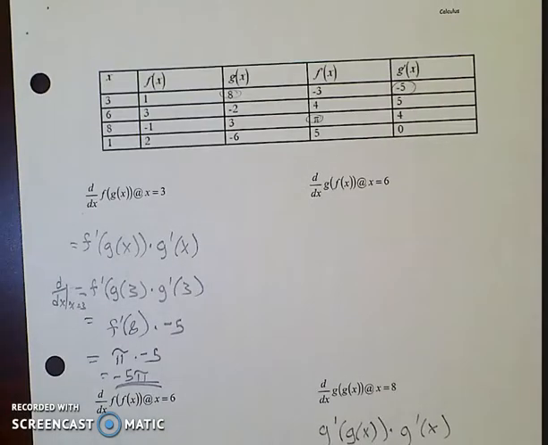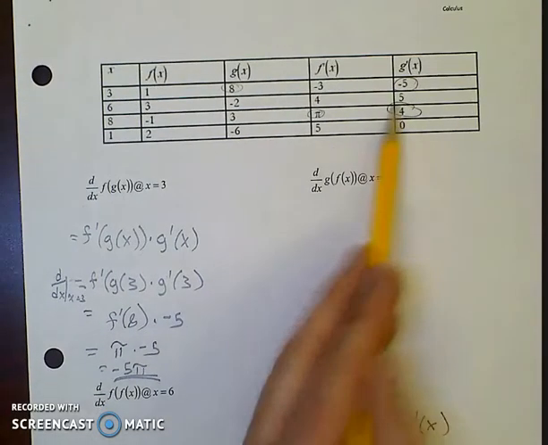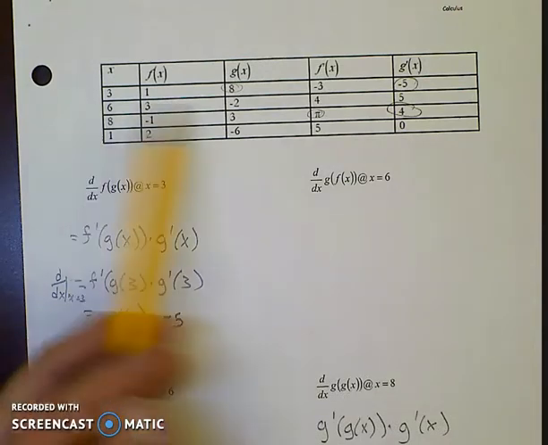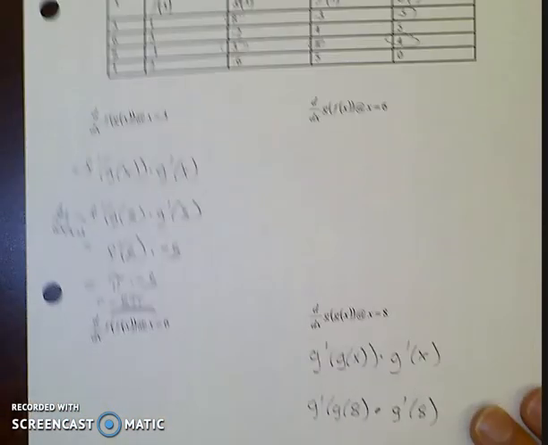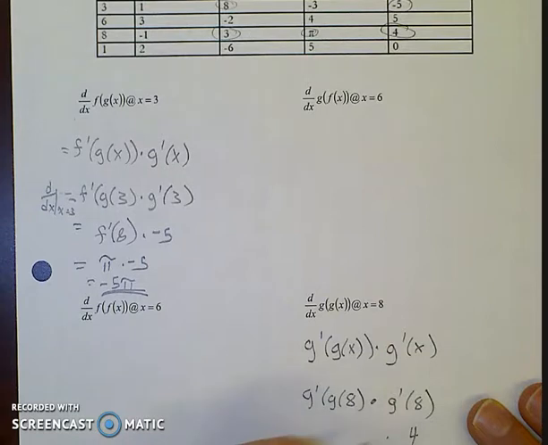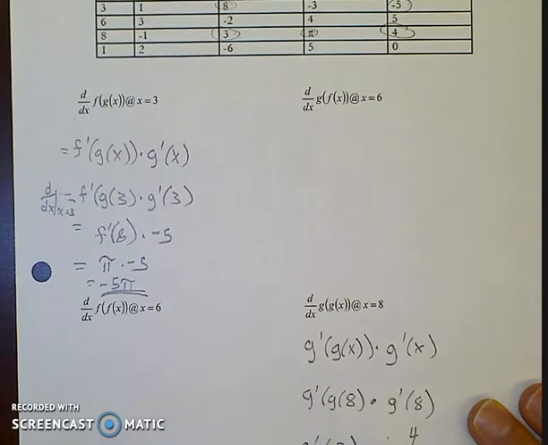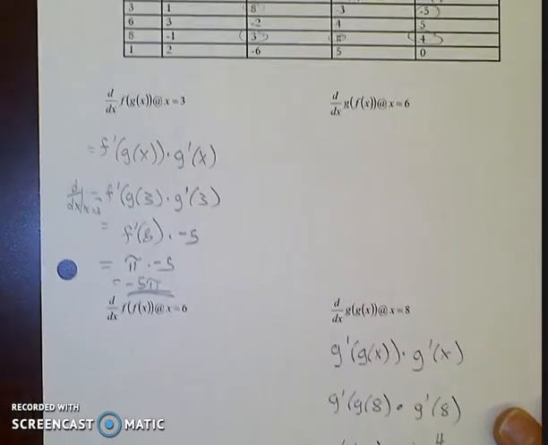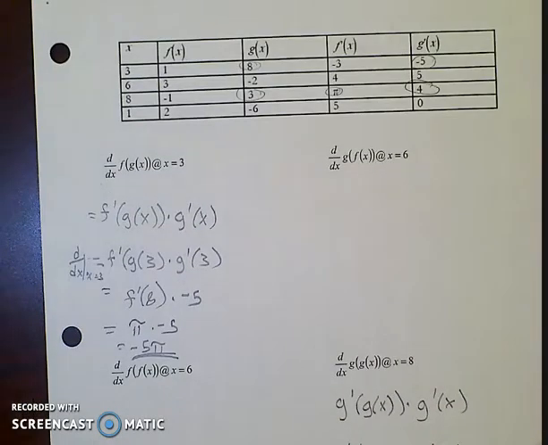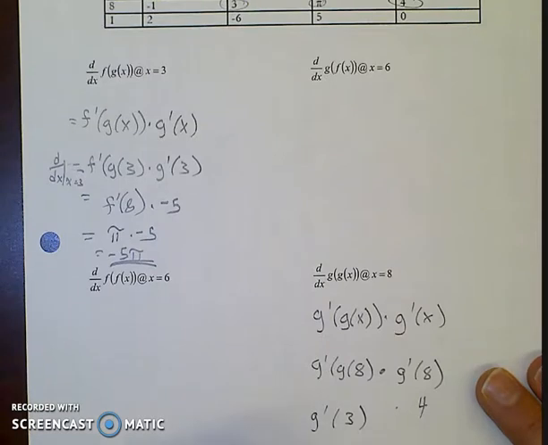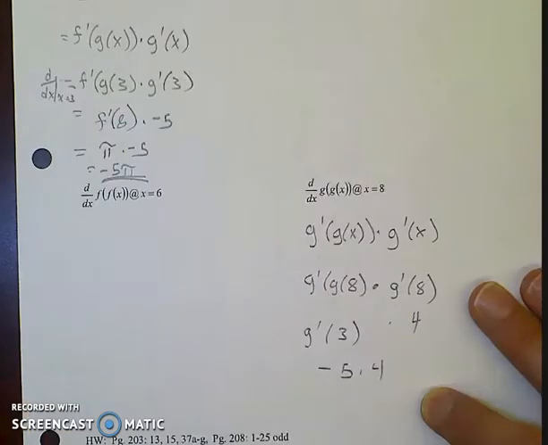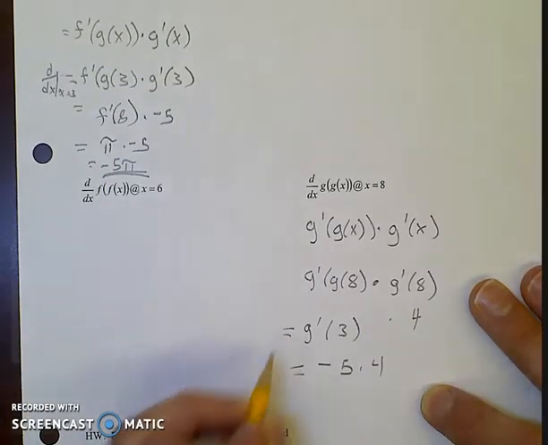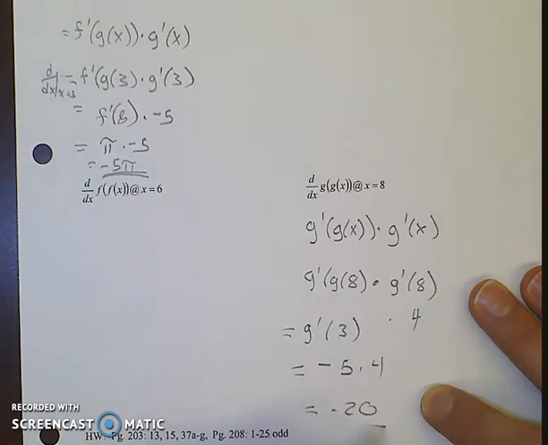Go back to the top here, g prime of 8 is 4, and g of 8 is 3. So we got 4 here, g prime of 3 there. And then g prime of 3, we already know is negative 5, so it's negative 5 times 4. And you get negative 20.